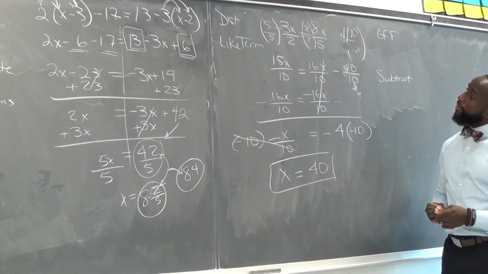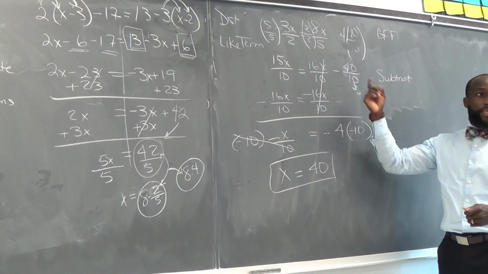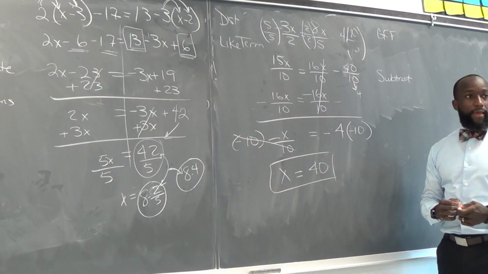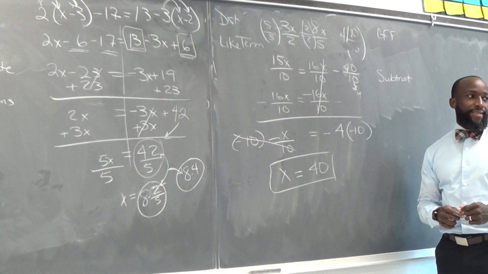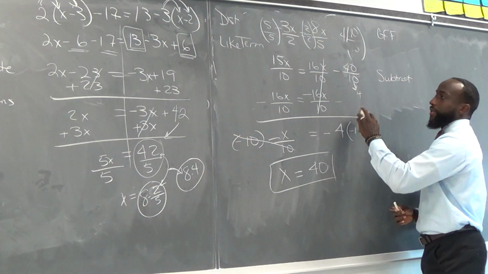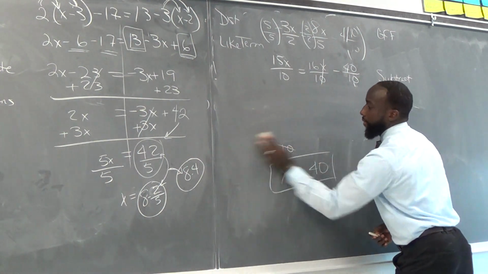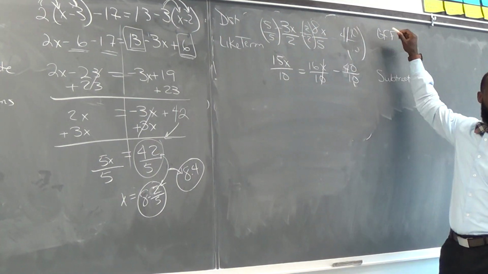out all the 10s on the bottom and make it 15x equals 16x minus 40? If you left it like this, yes, ma'am. And then you're done. Oh my gosh. Wait, what she just said? Remember, this is what we did when we got the greatest common factor.